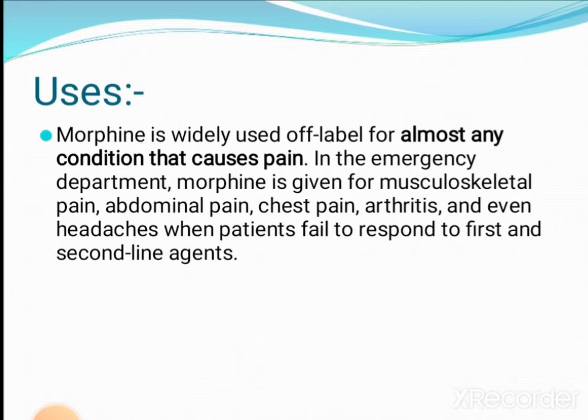In the emergency department, morphine is given for musculoskeletal pain. Musculoskeletal means it has bones and cartilage. Abdominal pain means the pain which occurs in abdomen, chest pain, and arthritis, and even headache when patient fails to respond to first and second line agents.